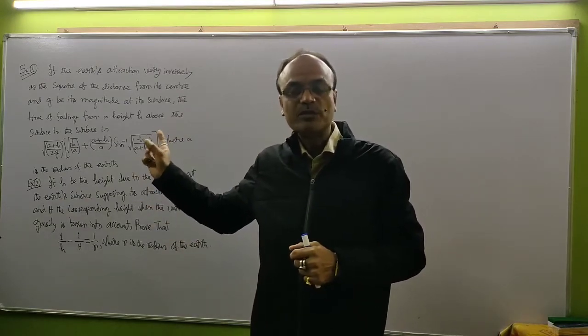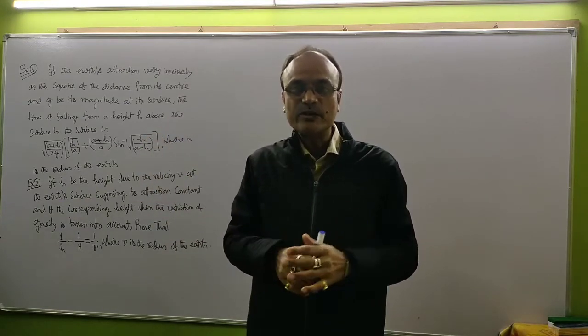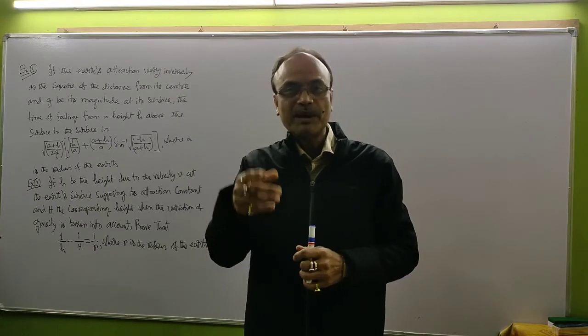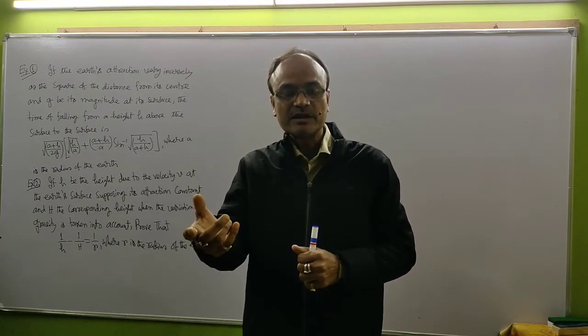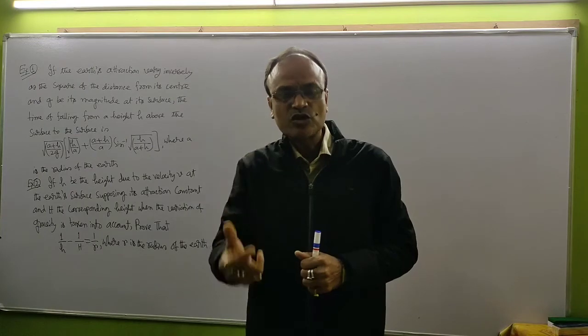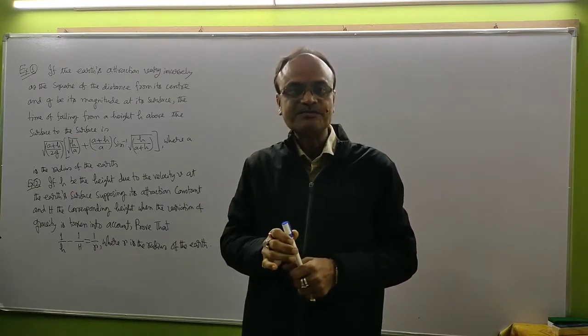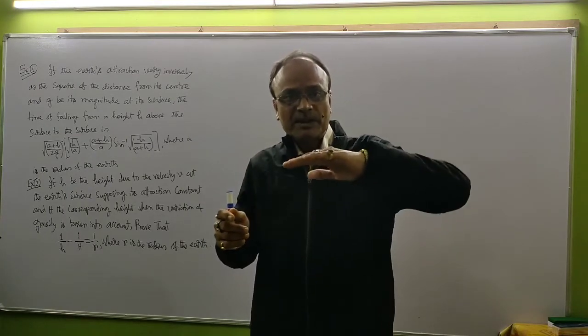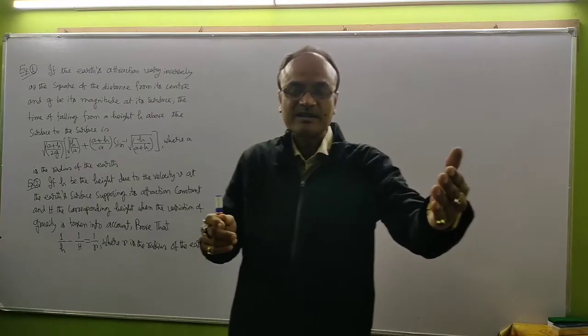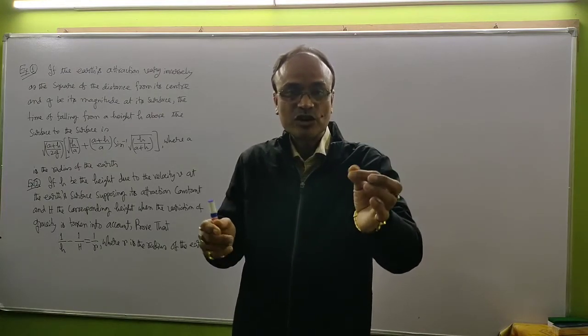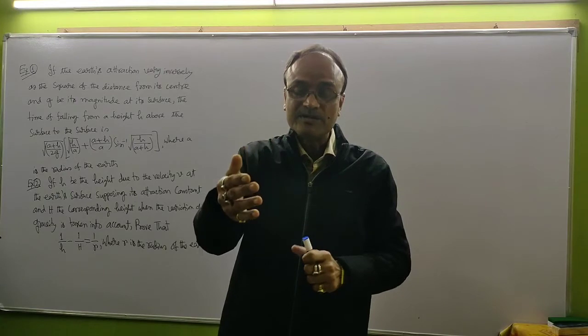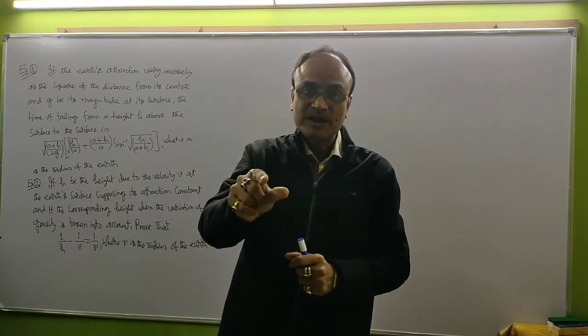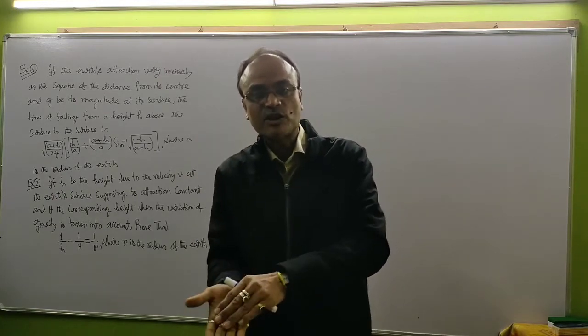Before going to solve these two problems, I must tell you that when a particle moves under the action of the earth, then if the particle moves outside the surface of the earth, the acceleration varies inversely as the square of the distance of the particle from the center of the earth.